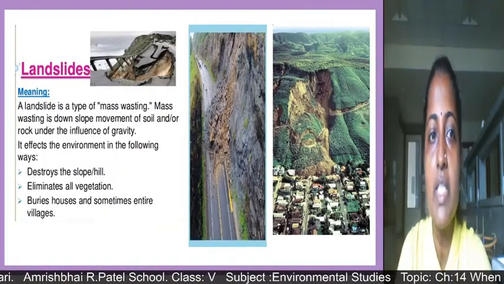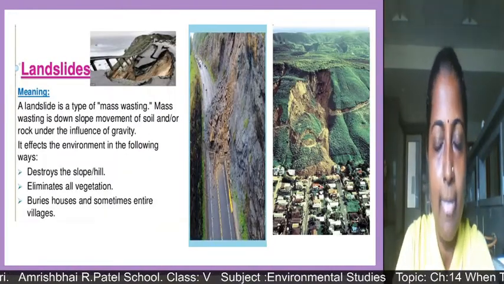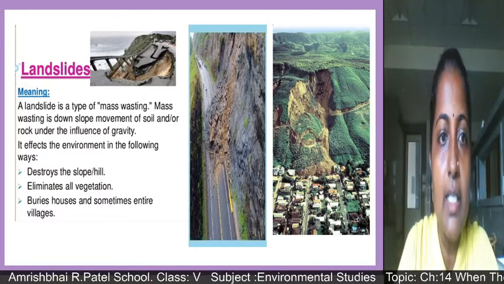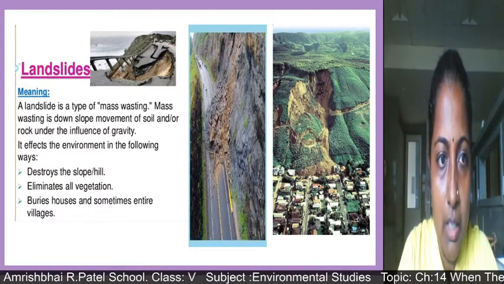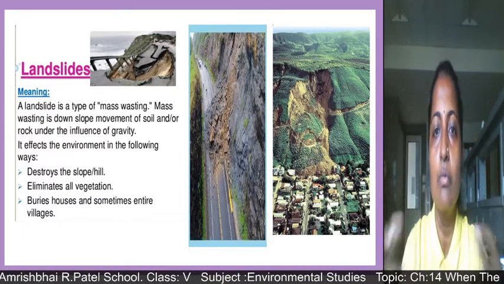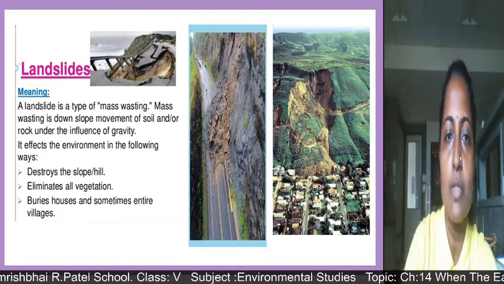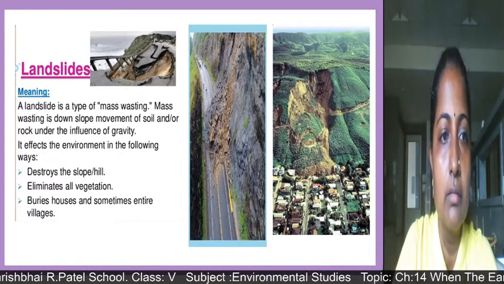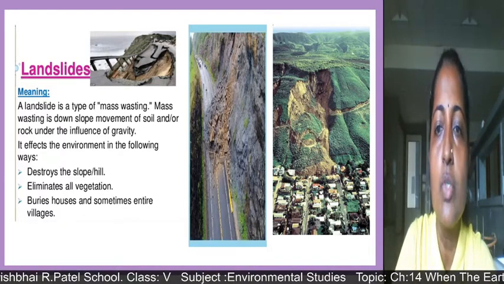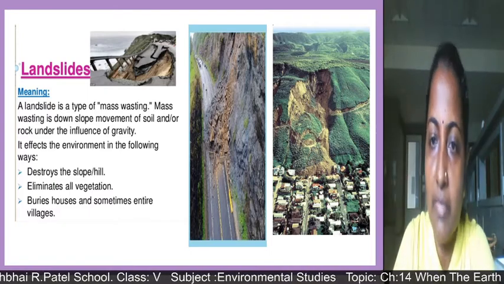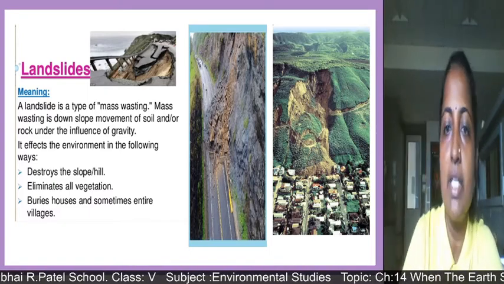After that, children, we will see about a landslide. That is also one of the natural calamities, and a landslide is a type of mass wasting. Mass means a large volume body. Mass wasting is the downslope movement of soil and or rock under the influence of gravity. It means a large mass falls down because gravity pulls everything down.